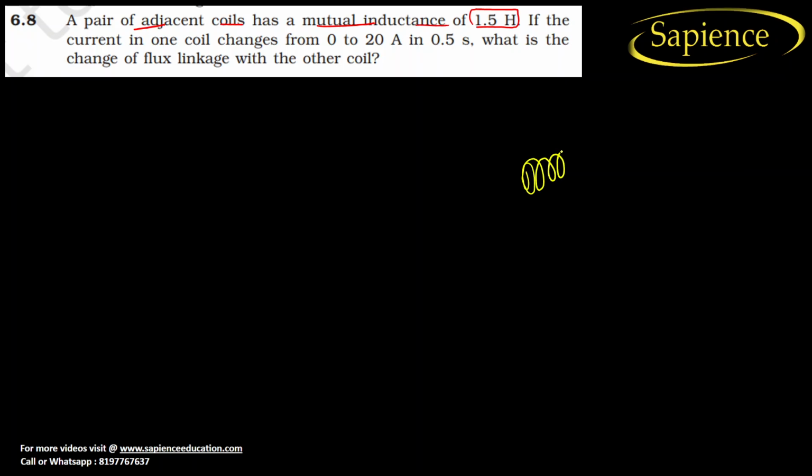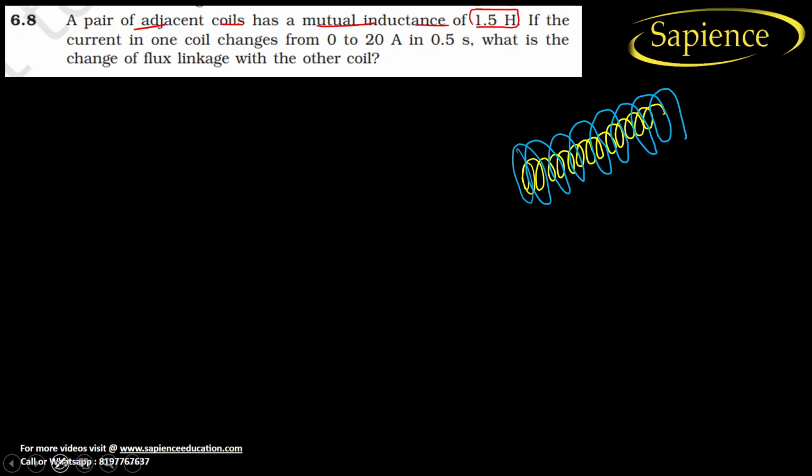Suppose this is a coil like this, and there is another coil like this. Between them there is a mutual inductance, right? So they have given you mutual inductance, that is M is equal to 1.5 Henry, right?